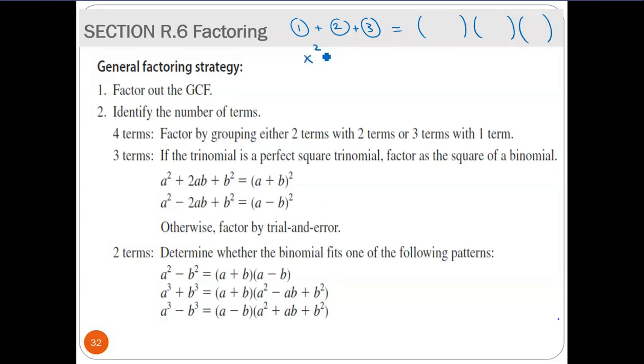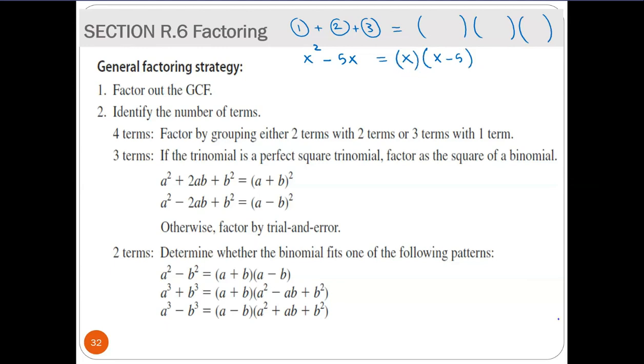x square minus 5x. If we need to find the factoring of this polynomial, we take as common factor, so we have x and multiply x minus 5.